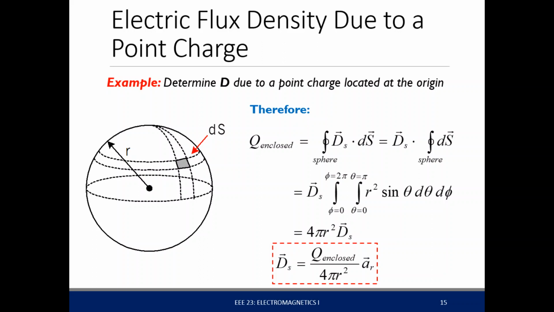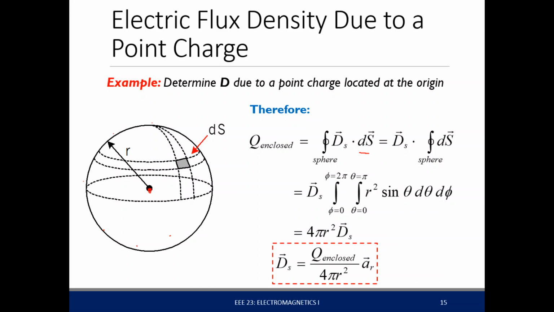Then if we invoke Gauss' law, we have the enclosed charge, which is q since it's a point charge, equal to the closed surface integral of D at any point on the sphere, dotted to dS, which is your differential surface area.